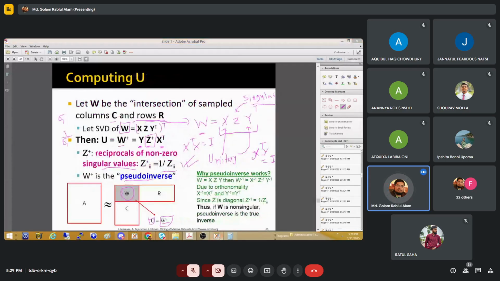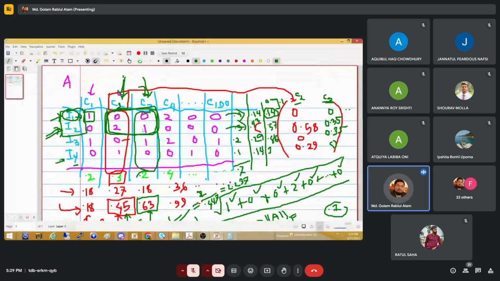So in our case, 0, 0 and 2, 1, this is our W. So W here is the matrix 0, 0 and 2, 1. What we have to do is apply SVD, singular value decomposition, here.